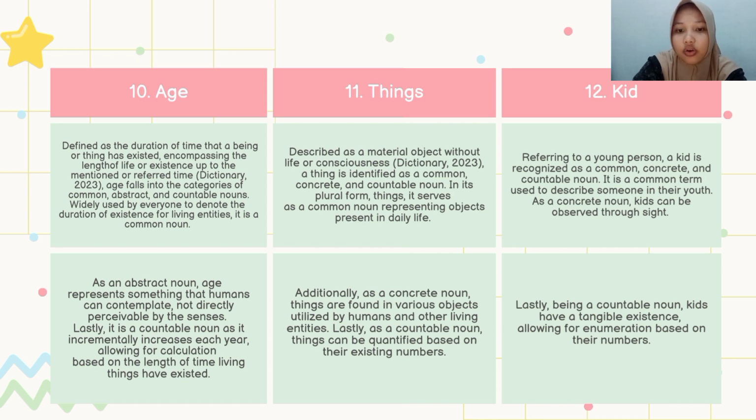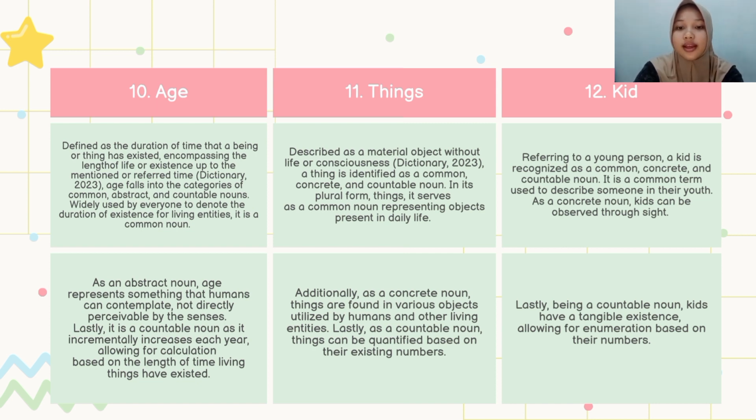As an abstract noun, age represents something that humans can contemplate, not directly perceivable by the senses. Lastly, it is a countable noun, as it incrementally increases each year, allowing for calculation based on the length of time living things have existed.